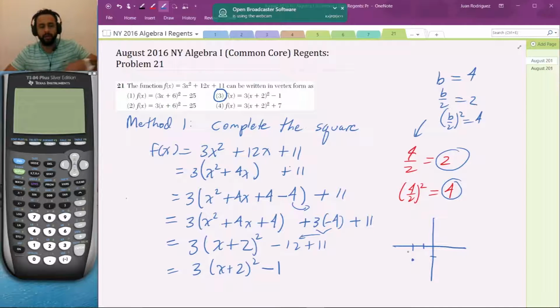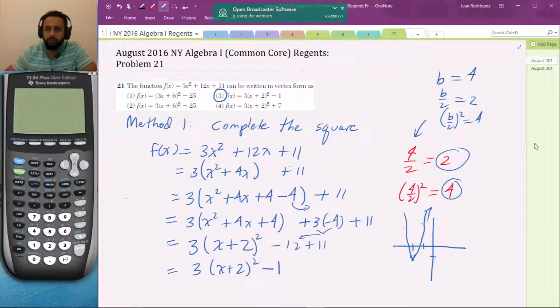Okay, and it's a very thin parabola. So like that. Let's do this a little bit better because it's quite thin. Okay, so that's the parabola.